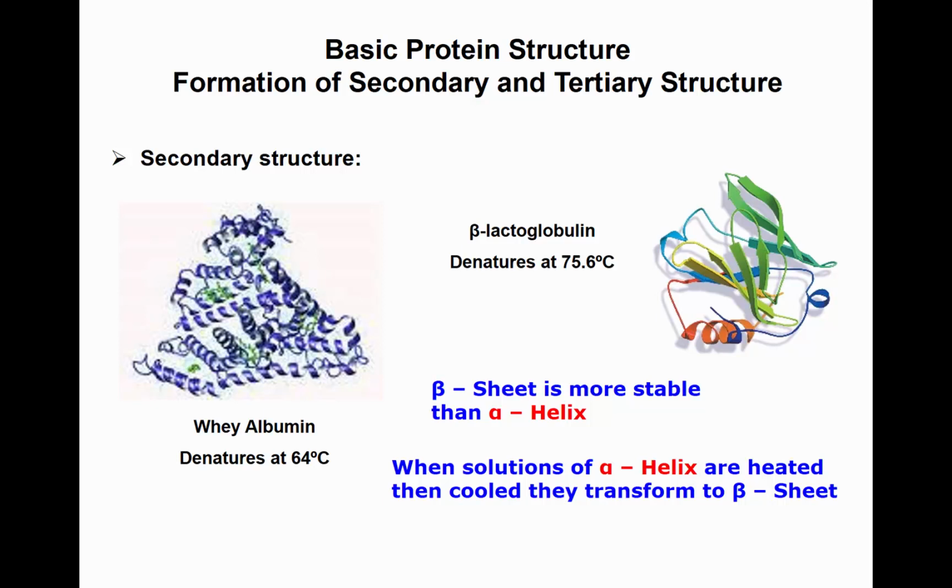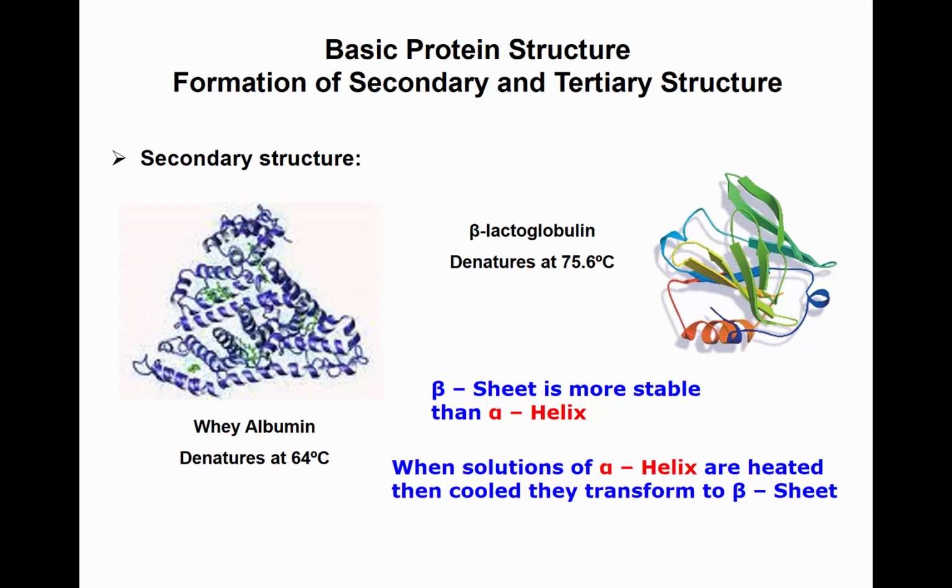And another thing that is peculiar or unique, when you heat the solution of a protein that has alpha helix structure, when it cools down, it transforms to beta sheet. It becomes even more stable. So, you know, protein denatures, right? But then you have a lot of bonds that are broken, and when you do that, you are creating free energy.